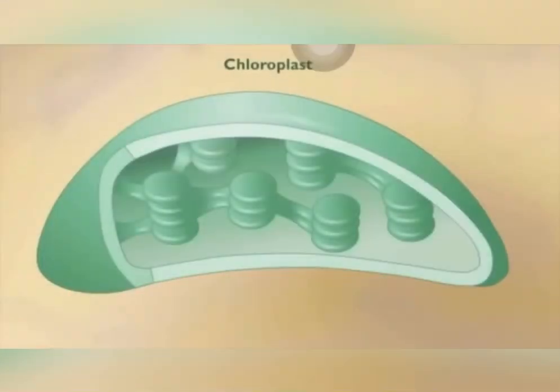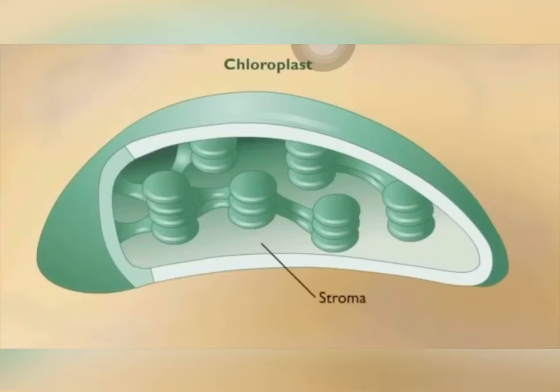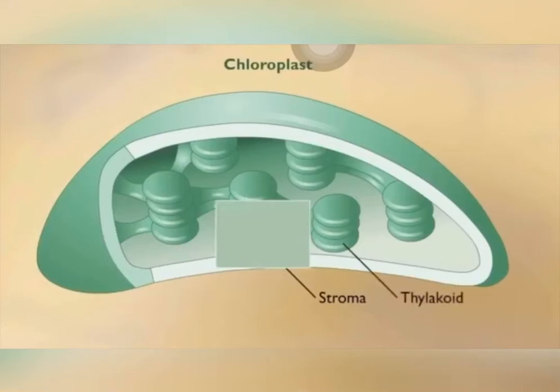The Kevin cycle is a series of reactions that result in conversion of carbon dioxide into the organic molecules needed to build new cells. It occurs in the stroma, which is the area of the chloroplast surrounding the thylakoid membrane.